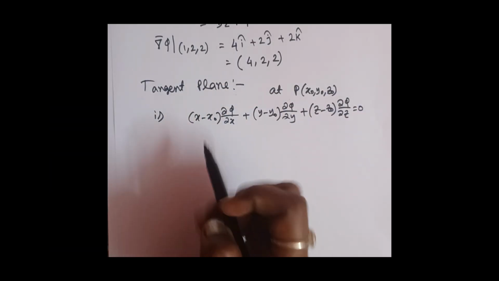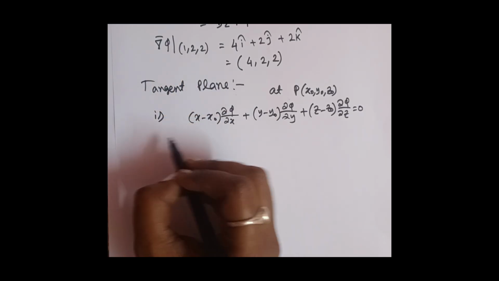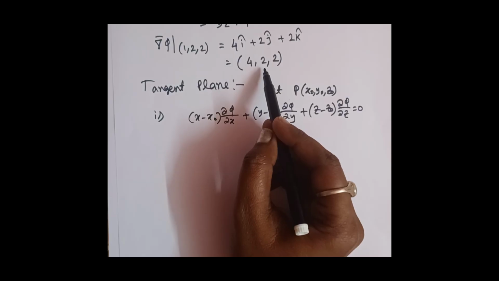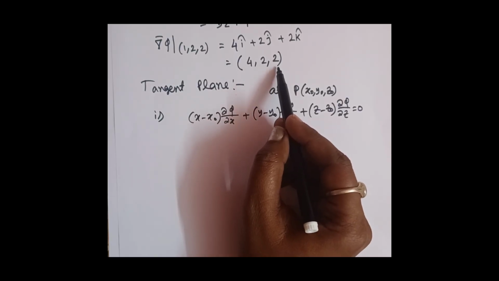In this case, (x0, y0, z0) is the point (1, 2, 2), and del phi del x at (1, 2, 2) is 4, del phi del y at (1, 2, 2) is 2, and del phi del z at (1, 2, 2) is 2.